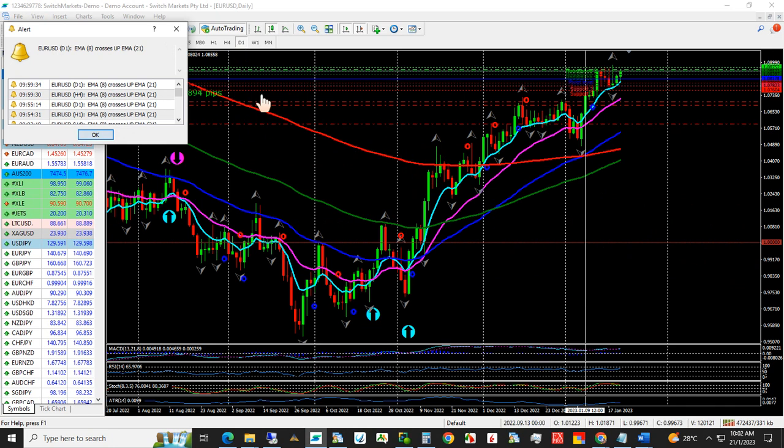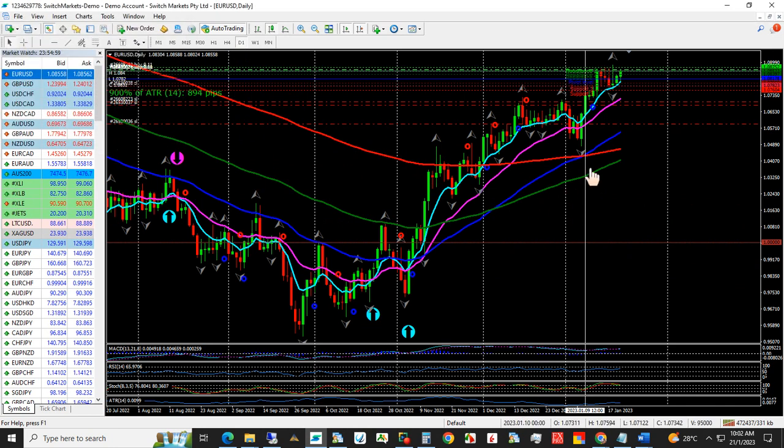I can go to the daily. Here I'm seeing that it's more orderly, but we have noted the 50 is below the 100, which is below the 200. So we're going to see a crossover with this.